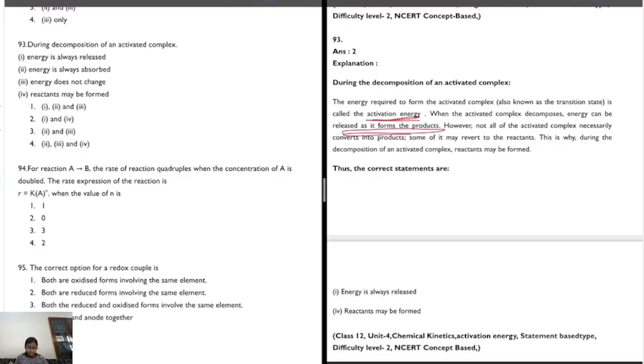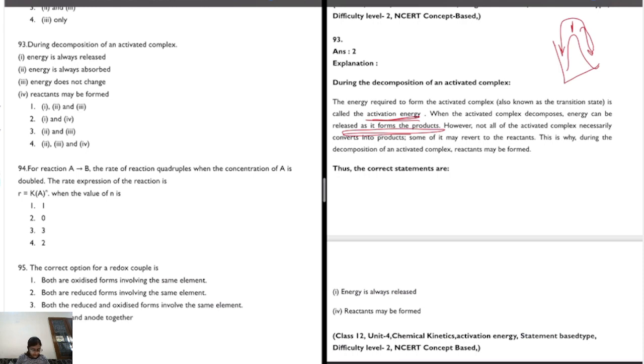But it may be the case that all the activated complexes are not forming the product. It might revert back. As in, if we have this reaction, then this is our activated complex. Instead of going in this direction, it can also go in this direction if the barrier is less. So it may revert back to reactants.